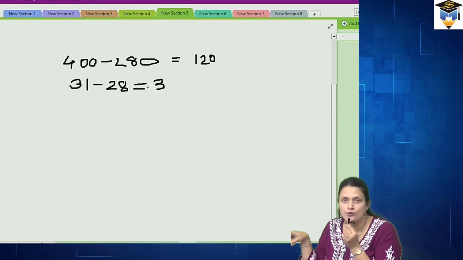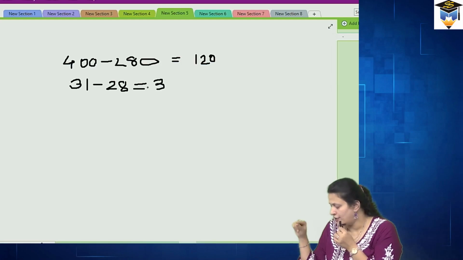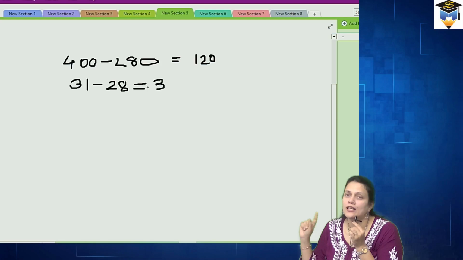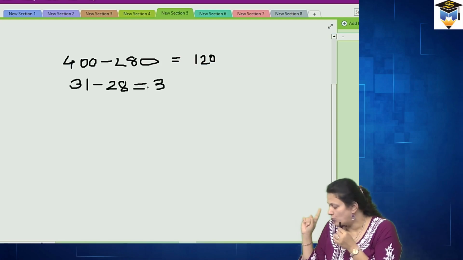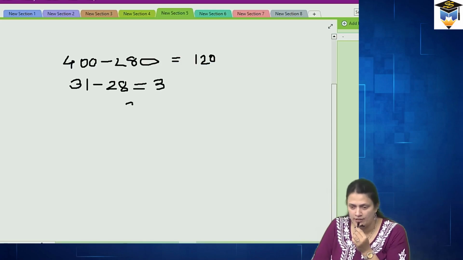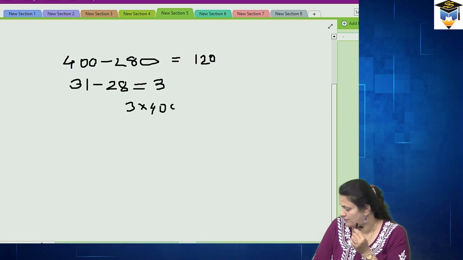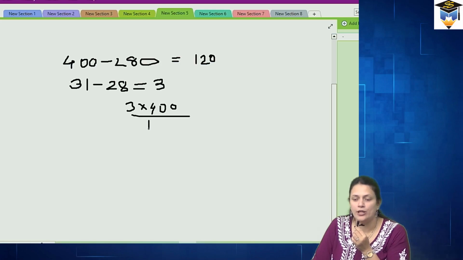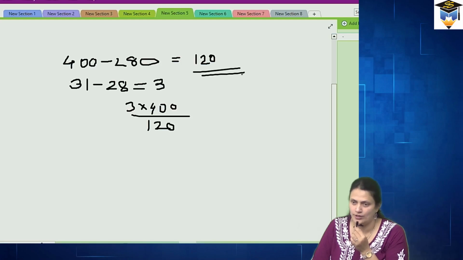So the ration of 400 soldiers will last for 3 days. Now, per soldier how much ration is required? That will give us 3 into 400 divided by 120. Why 120? Because the number of soldiers is 120.